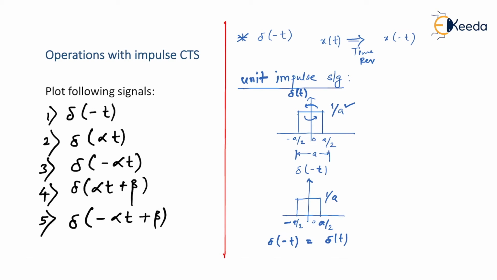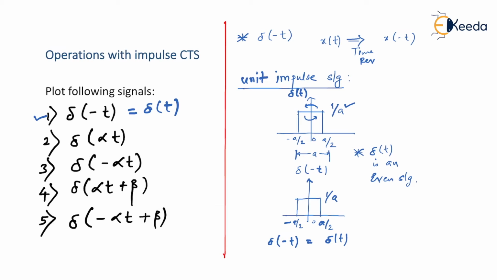Of course, we are going to learn what is an even signal and odd signal, but definitely we'll have some idea about even signal. So with the solution, I have confirmed certain things, that is, del of t is an even signal. So we have done with this part. Del of minus t is always equal to del of t.